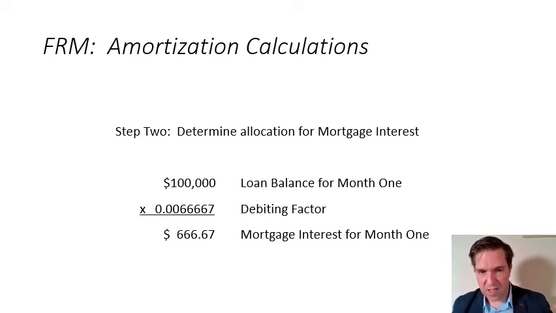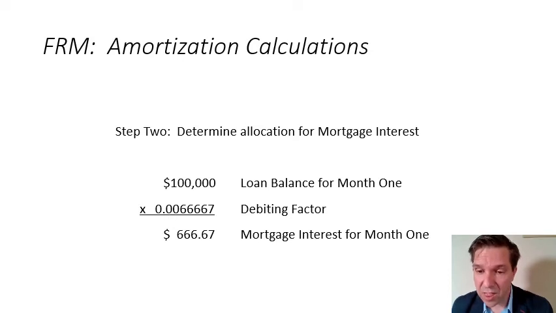So in this case, 0.00666 in the example, and that's going to yield for me the interest for that particular month, the first month of the loan, of $666.67. Okay. So remember, the monthly payment that we computed was $733, if I remember correctly, right?